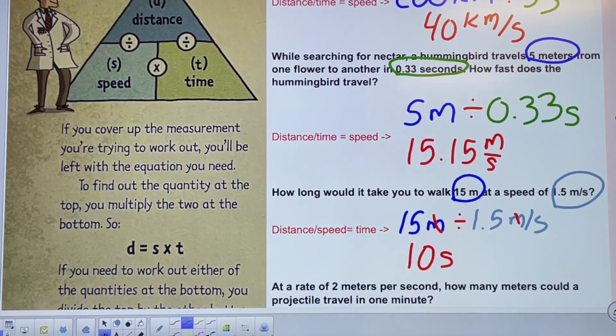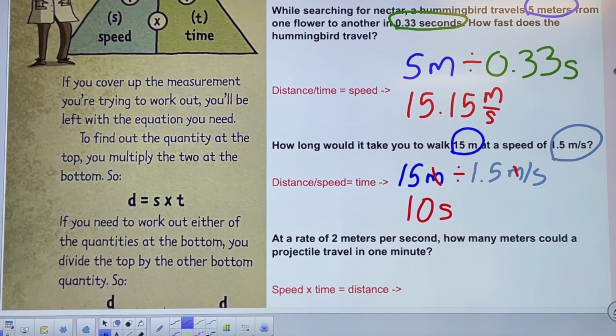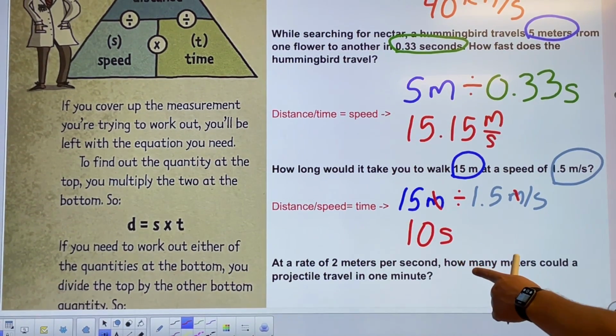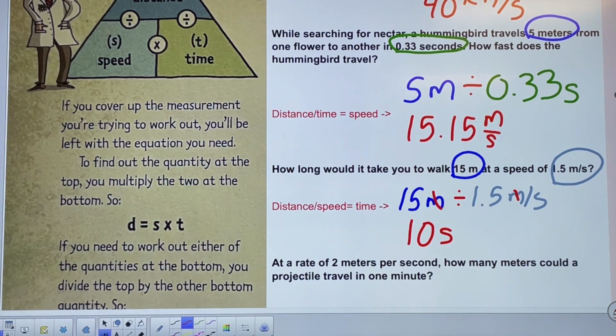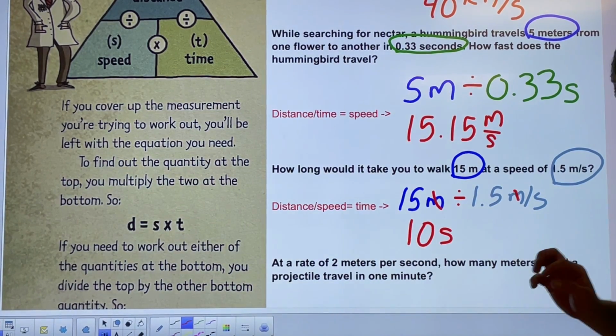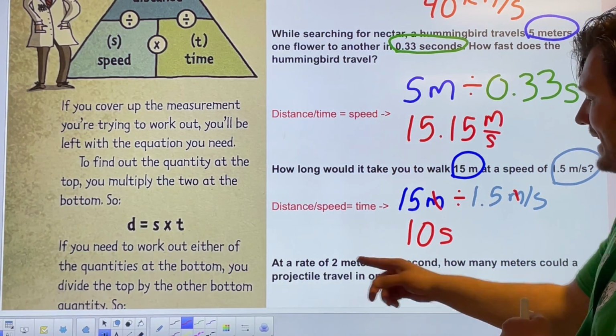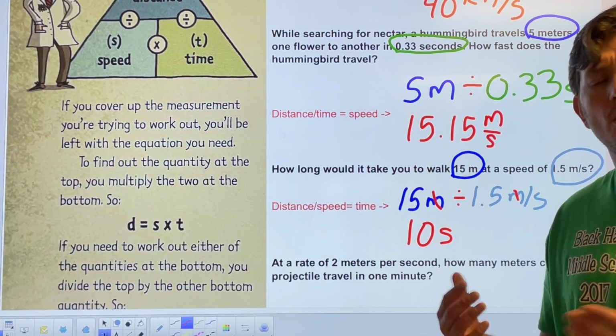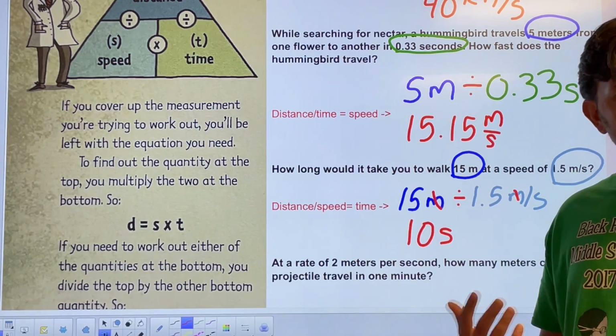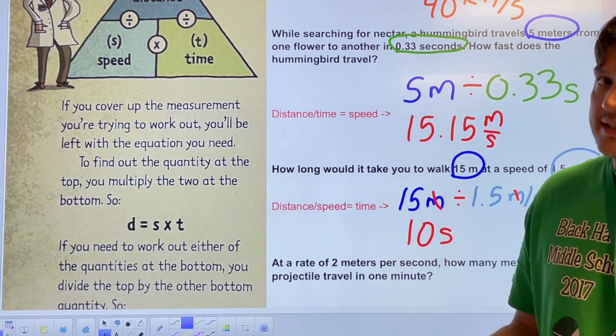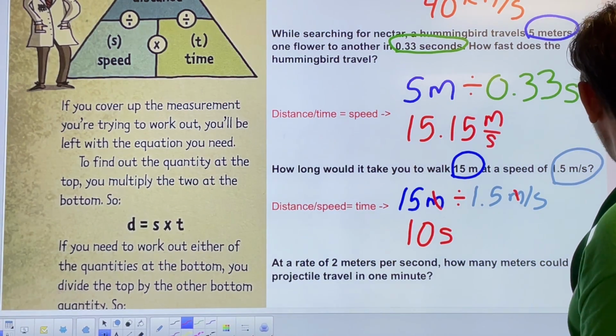Last one I'm gonna do an example of. It says at a rate of 2 meters per second, how many meters could a projectile travel in 1 minute, okay? So if I see this and I see it's meters per second, I'm gonna know, well, how many seconds are in a minute? So I know there's 60 seconds in a minute. That'll help me a lot.